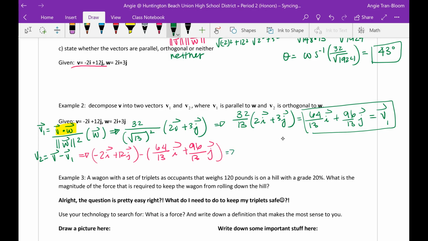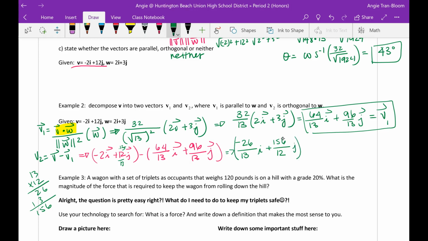So 13 times negative 2 is now negative 26, and then 13 times 12 is 156. So that's 156, and this is the j direction.